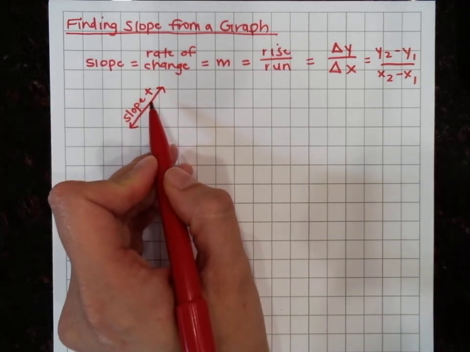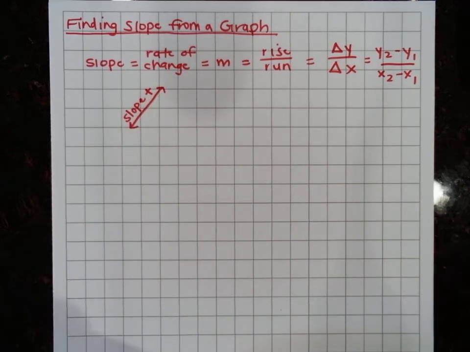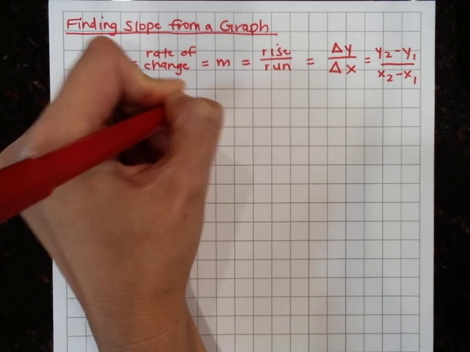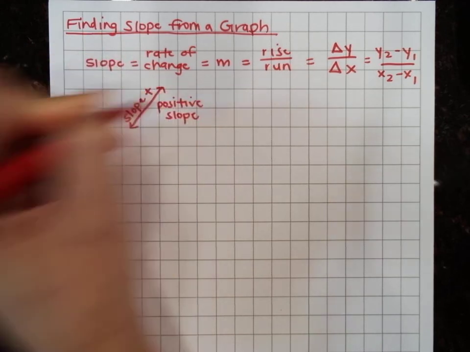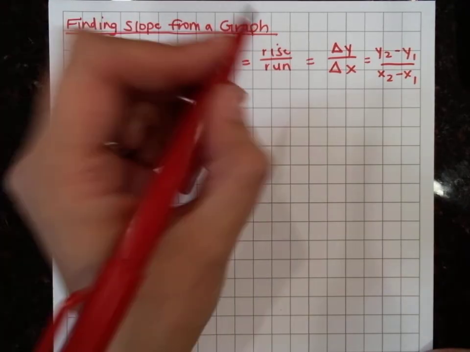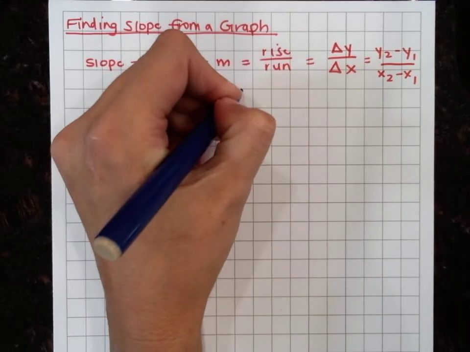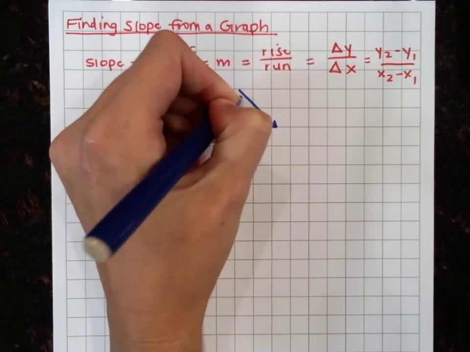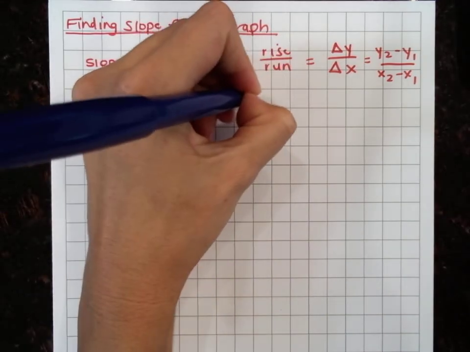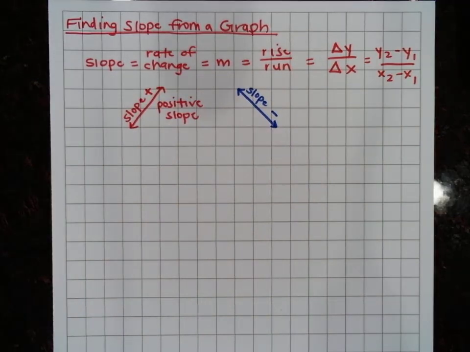Numbers in the positive direction go upward, and so that's an easy way to remember if it's a positive slope. When you look left to right and your slope's going down, if you write slope, your slope's going down into the ground, that's a negative slope.